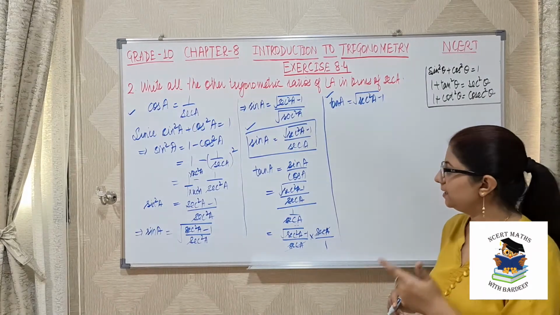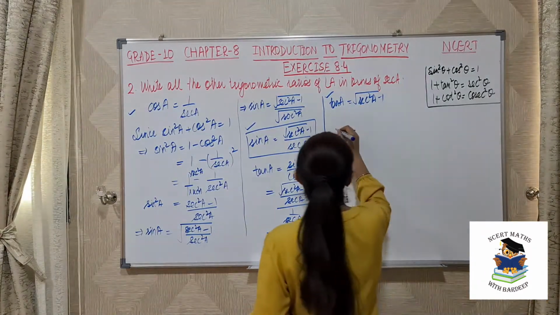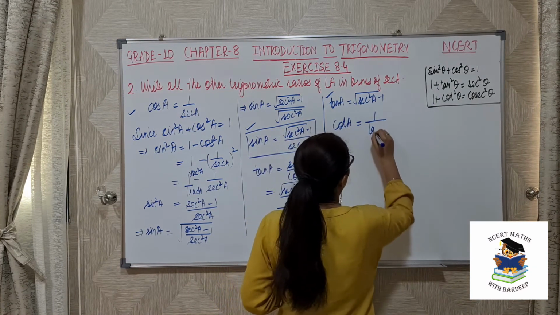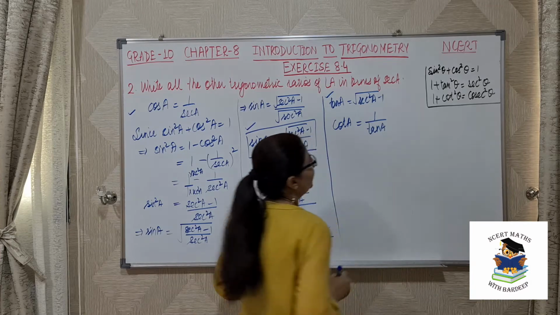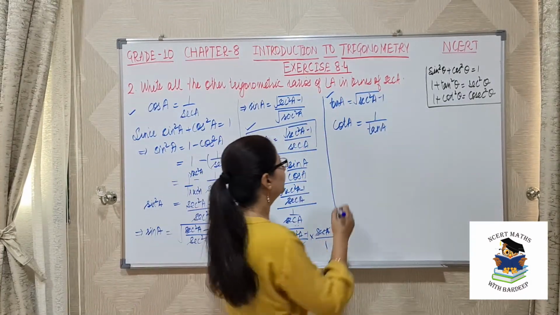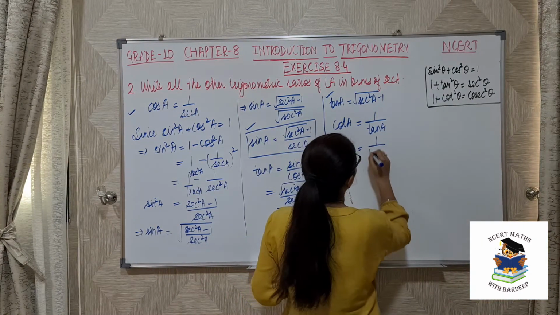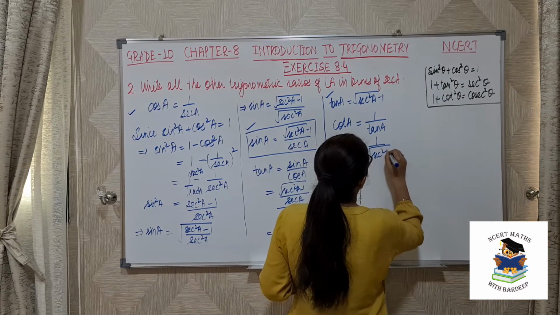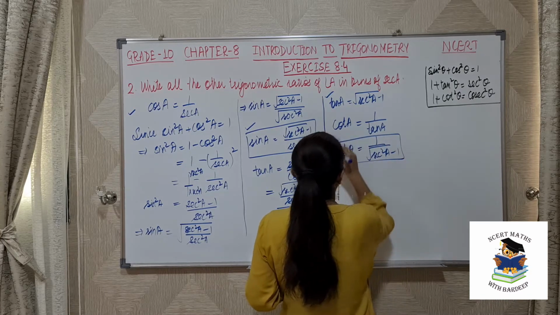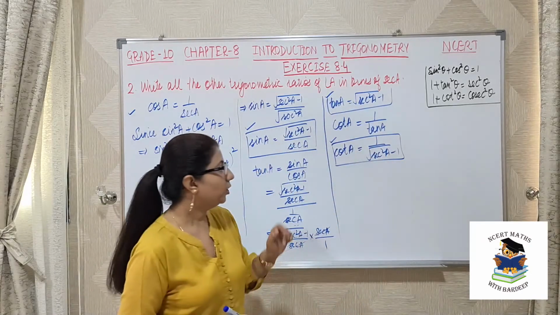Now we have cos A, sin A, tan A. Next is cot A. And how to find cot A? This is the reciprocal of tan A. So whatever the value of tan A, just do the reciprocal. So cot A is equal to 1 over square root of secant square A minus 1. Okay, so what is left now? Secant.